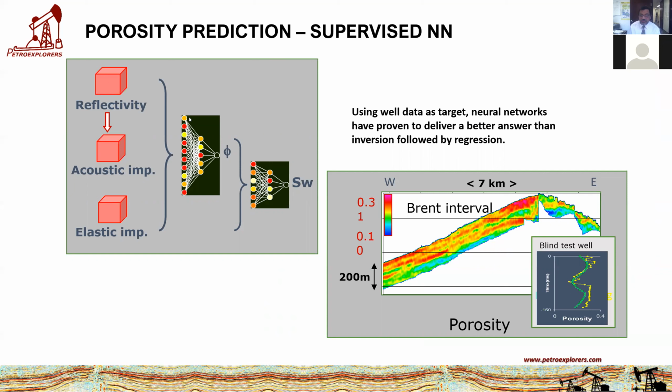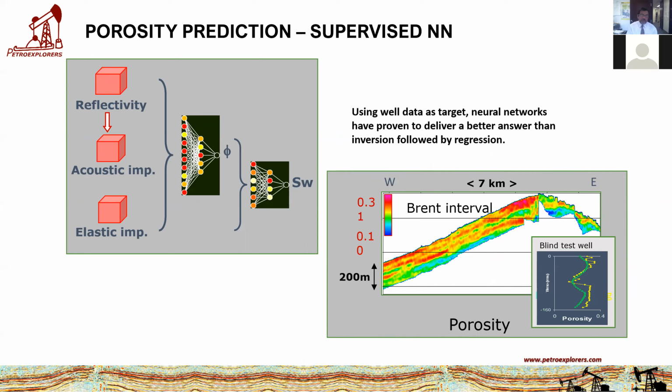It's the same as what we call the porosity prediction in Emerge, using well data as the target. The neural network has proven to deliver better answers than the inversion or the regression. Doing stochastic or regression based on stochastic attributes might not give that, but the neural network has been shown to give you a broader spectrum of the probabilities of the findings.